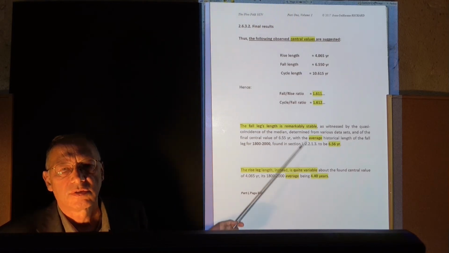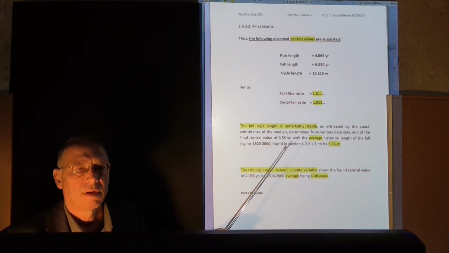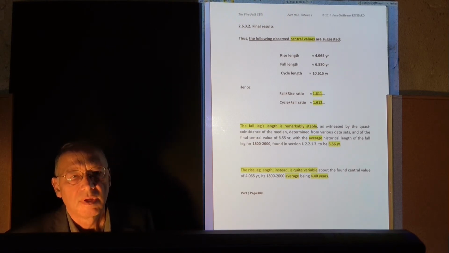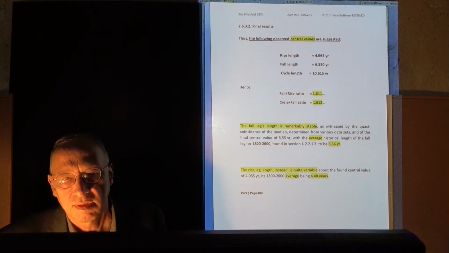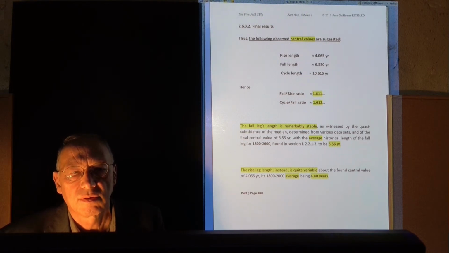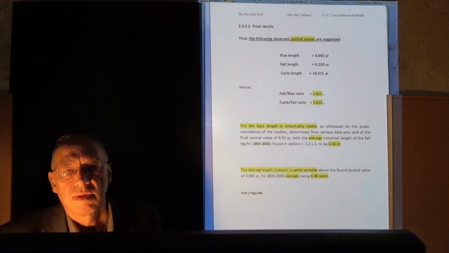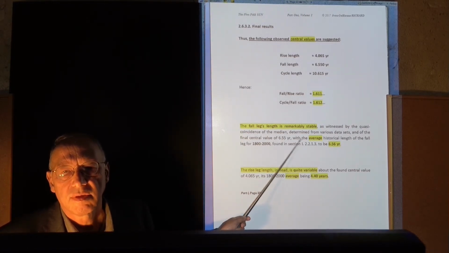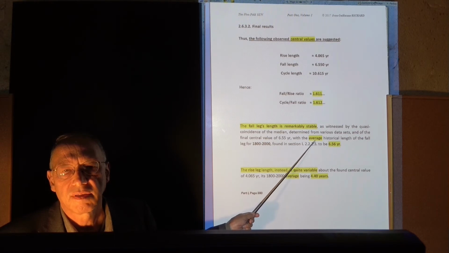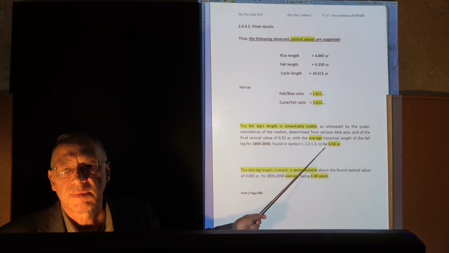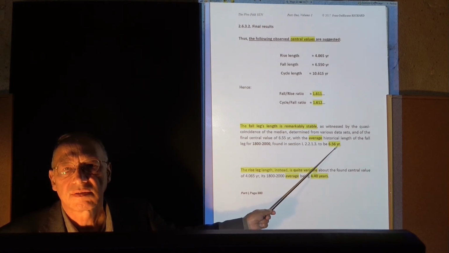Two remarks are worthy here about the stability over time of the leg lengths about these central quantities. The fall leg length is remarkably stable. You see, the average historical length of this leg since 1800 has been 6.56 years.